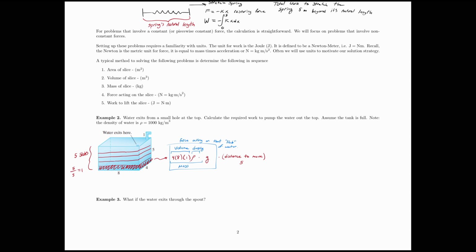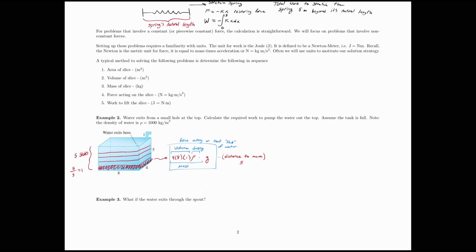But you can see exactly why we want to split this up into lots of little slabs, because really only this very thin layer at the bottom is being lifted anything close to 5 meters. Because if I consider another really small slab, this one here is being moved closer to 4 meters.